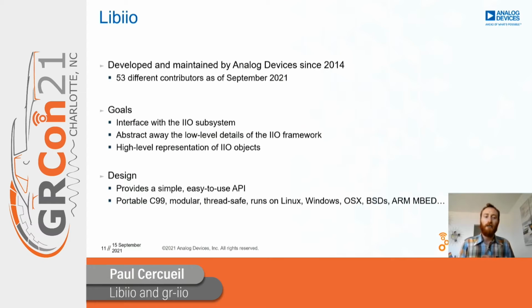Then you have device objects, channel objects, etc. It was designed to provide a very simple, easy-to-use API, and it's written in portable C99. It's modular, it's thread safe, and it runs on Linux, Windows, OS X, all the major operating systems.